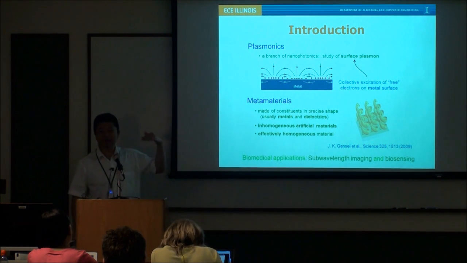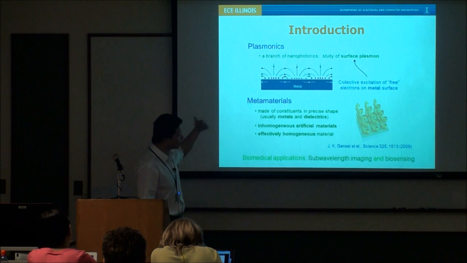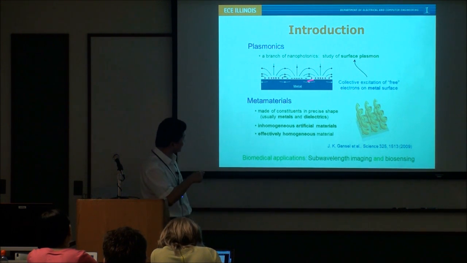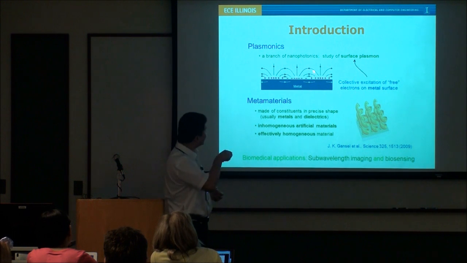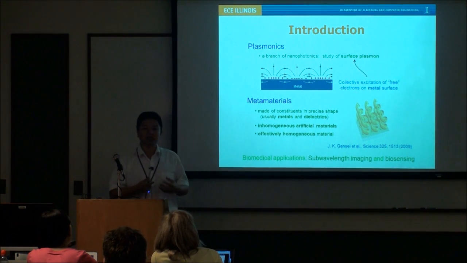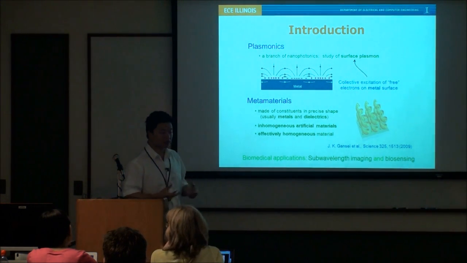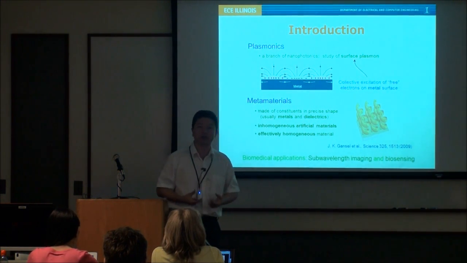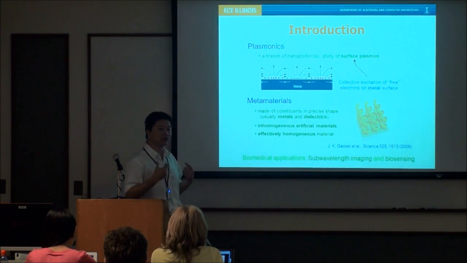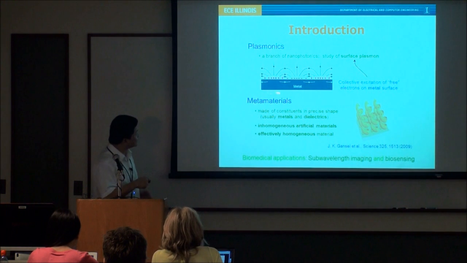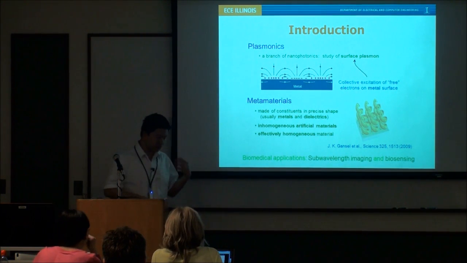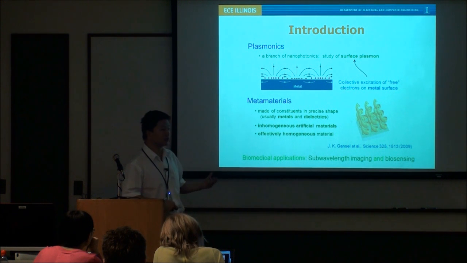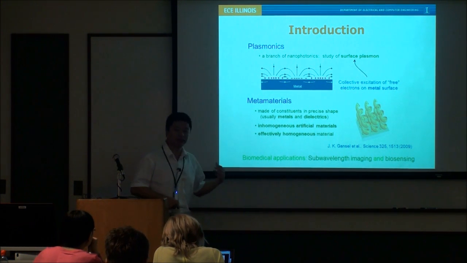And if we extend that idea, let's add a little more material to this plasmonic material. Here it's only metals, but if we make this metal-dielectric composite at the nanoscale, then we can create artificial materials that do not exist in nature. That is the name for metamaterials. The meta means it's not real. This is a virtual material, not a material you can find in nature.